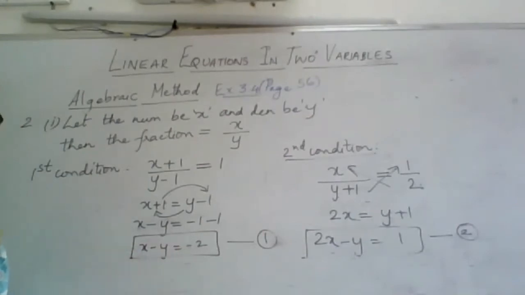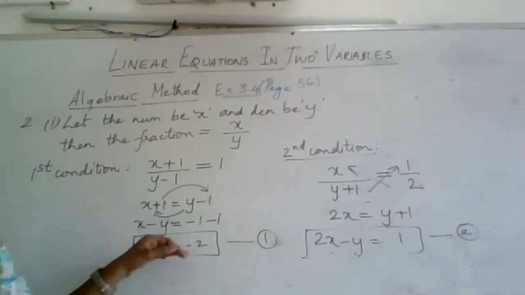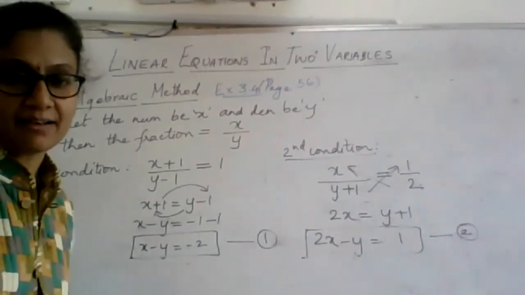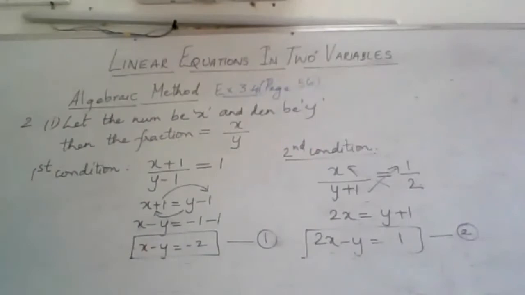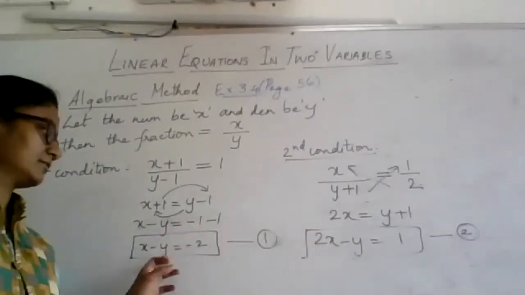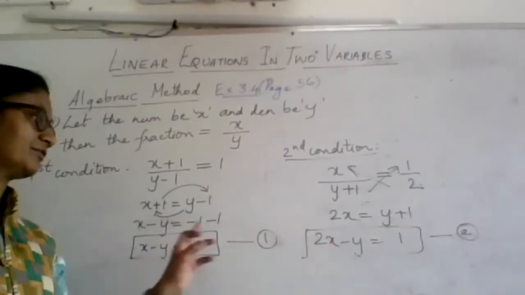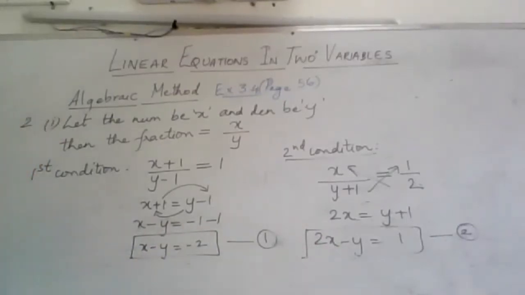What will you eliminate easily without multiplication? Look at the two equations and tell me. Y. Yes, you can eliminate y because already y is having 1 as the coefficient in both of them. Will you add or subtract? Subtract. Yes, because both of them are negative y. So you can go about and finish that.